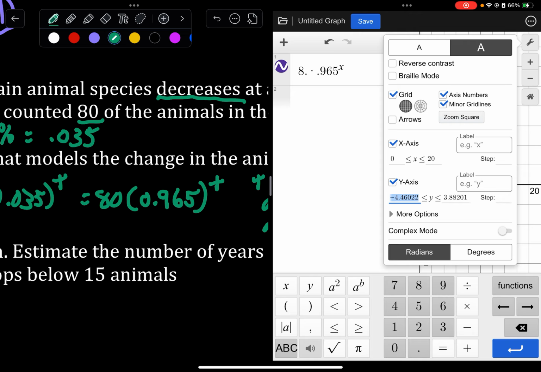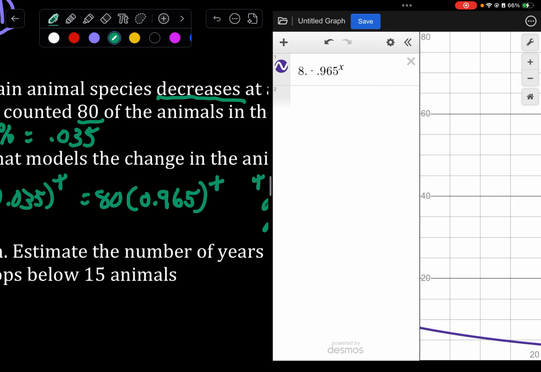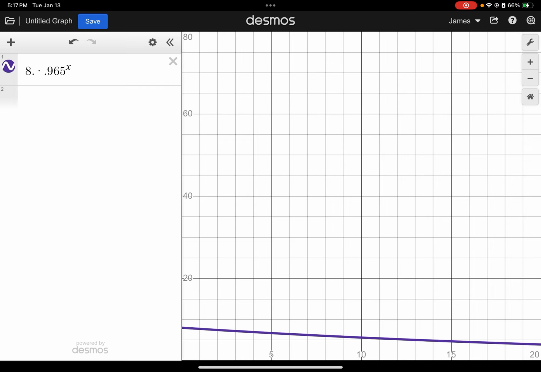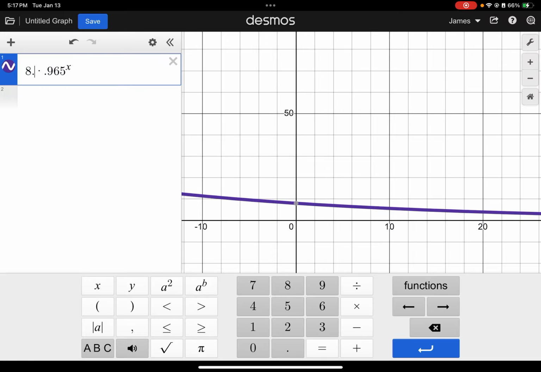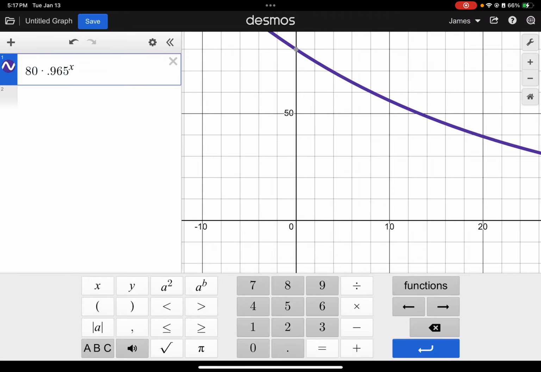And then my y-axis is going from 0 to 80. That's supposed to be 80. There it is.